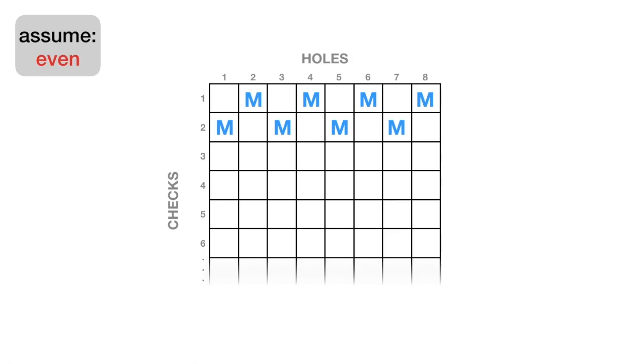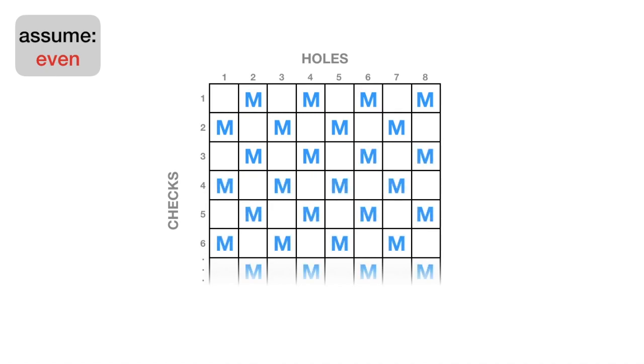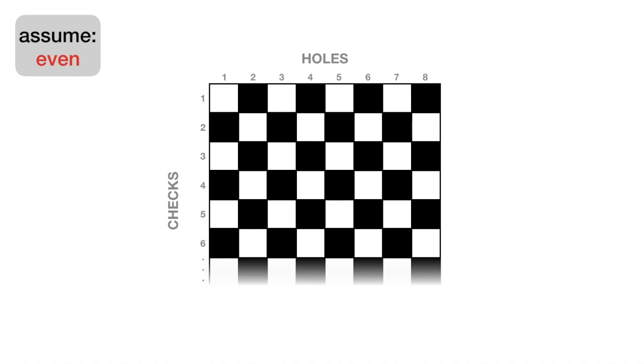Yep, an even number hole. And so on, alternating to create a sort of checkerboard pattern. The dark squares on this checkerboard illustrate the mouse's possible locations at a given time. We can imagine the mouse's movements through time as a checker piece, making diagonal moves from the top of the board downward, always staying on a black square.